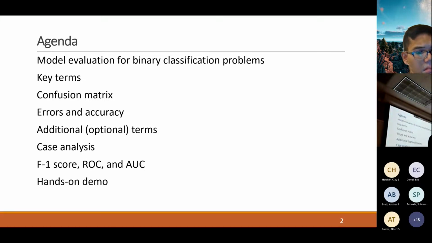But because binary classification is the most common task in machine learning applications, we focus a lot on that. It has a lot of concepts to evaluate model performance, and it's closely connected to practice. So again, these are the relevant concepts.